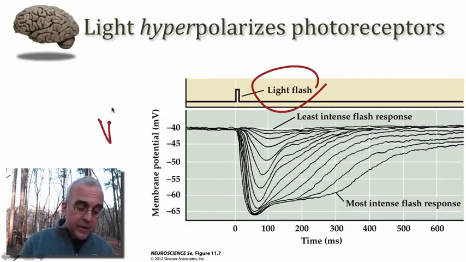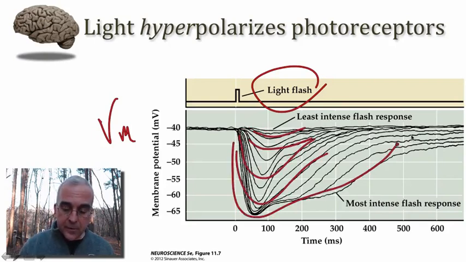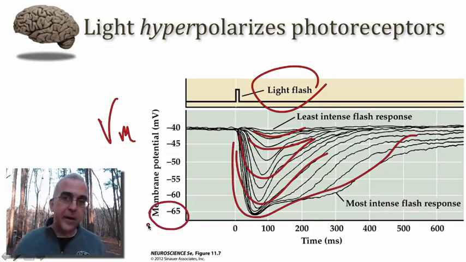Again, the resting membrane in the photoreceptor is around minus 40 millivolts, and the response to light striking the outer segment of the photoreceptor is hyperpolarization. And with increasing intensity of light, we see a deeper hyperpolarization, perhaps down to about minus 65 millivolts. Okay, well, how does this work?